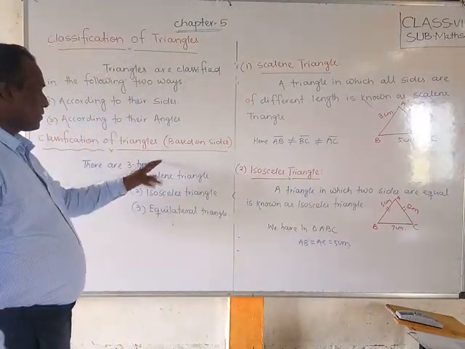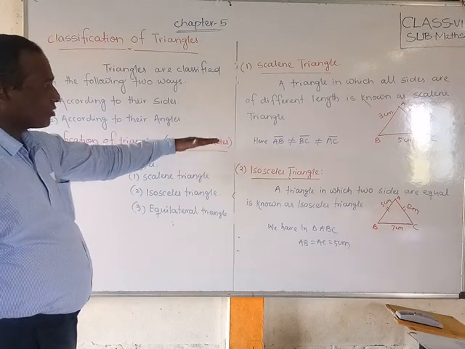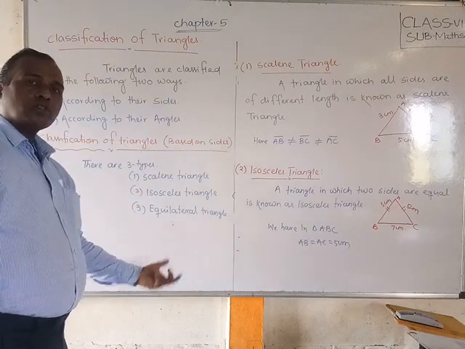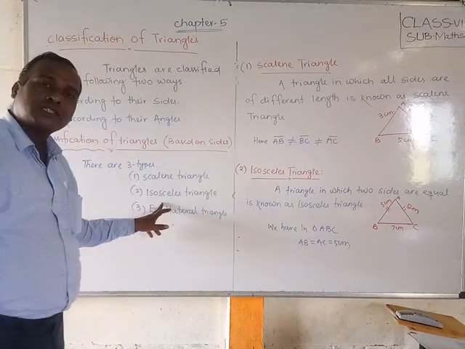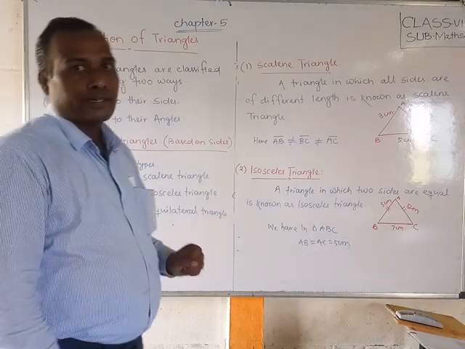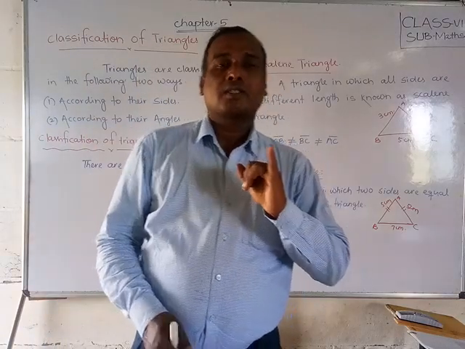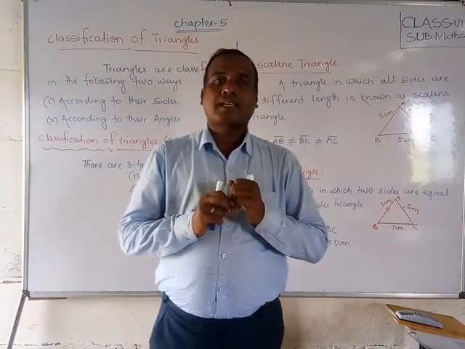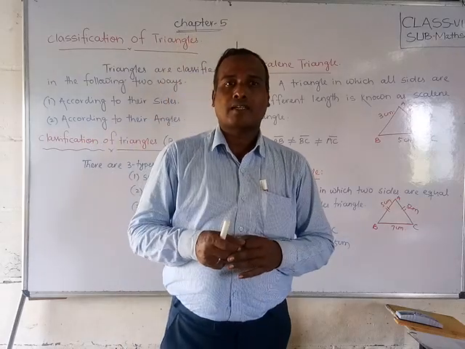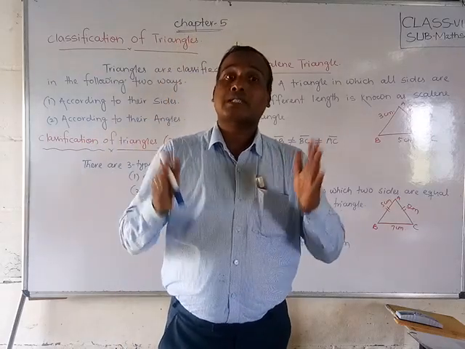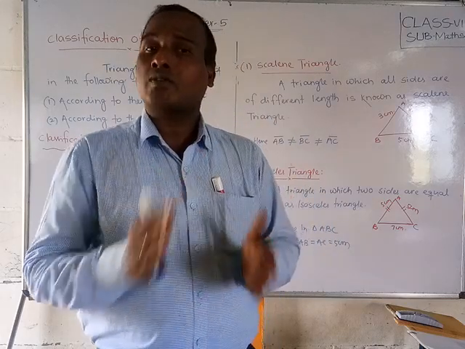Based on the sides, triangles are classified into three types: scalene triangle, isosceles triangle, and equilateral triangle. One by one we will discuss.